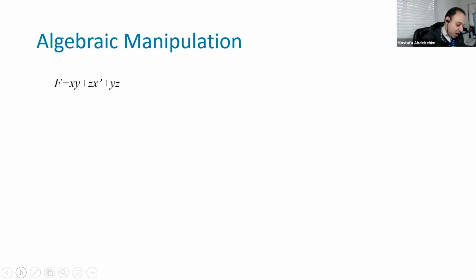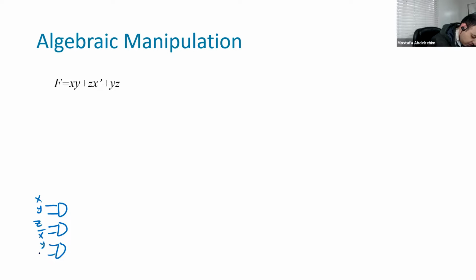xy or zx bar or yz. This is a little harder than the other ones. Before anything, let's draw the circuit, the implementation of f. We need 3 AND gates basically. This one will take x and y, this one will take z and x bar, and this one will take y and z.